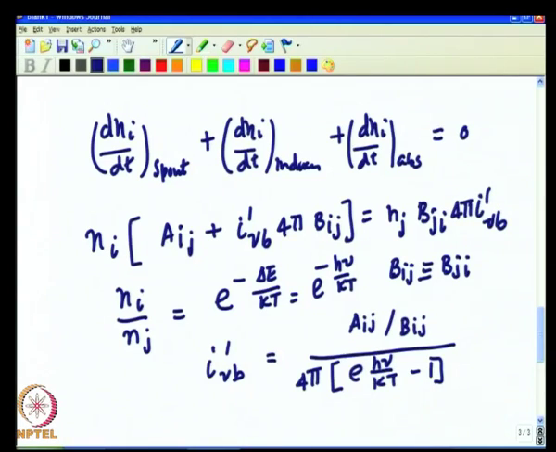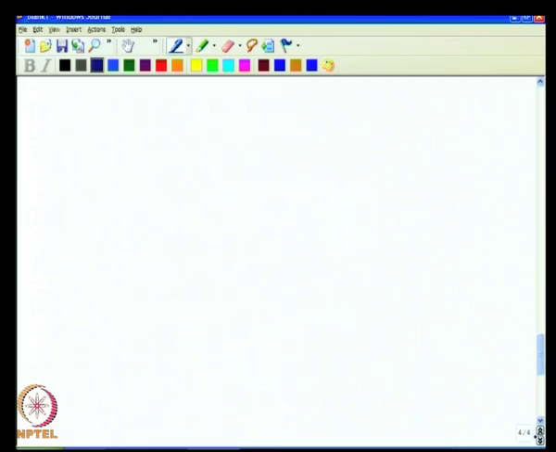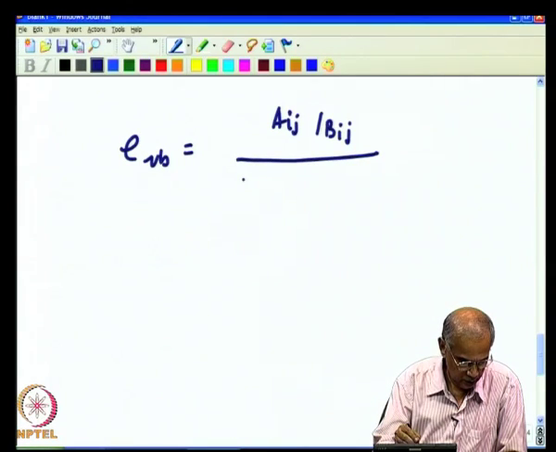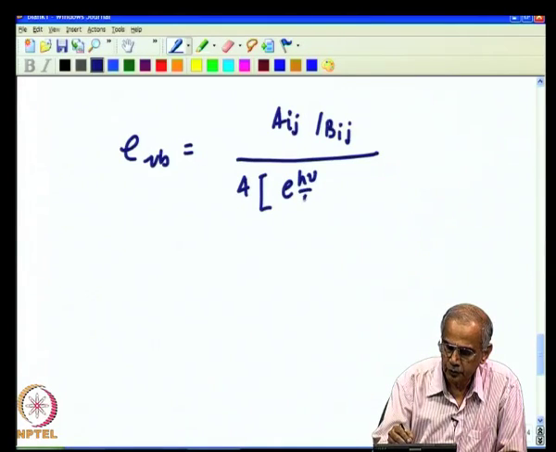So, the beauty of this result, now if you want to get a result which is same as what we derived for the Planck's formula, we know that E nu b is equal to pi times I prime nu b. Therefore, you can write E nu b from Einstein's derivation as Aij by Bij divided by 4, times 1 over e to the power of h nu by kT minus 1.